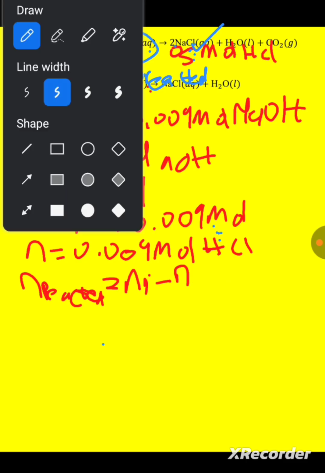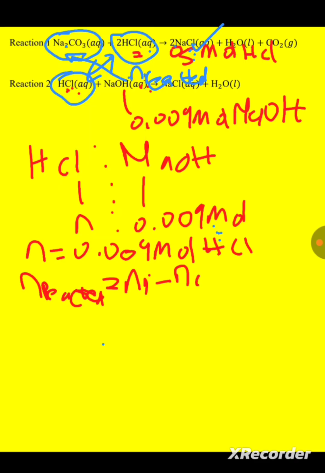Those two are the number of moles of HCl. The initial number of moles is 0.05, then minus 0.009.